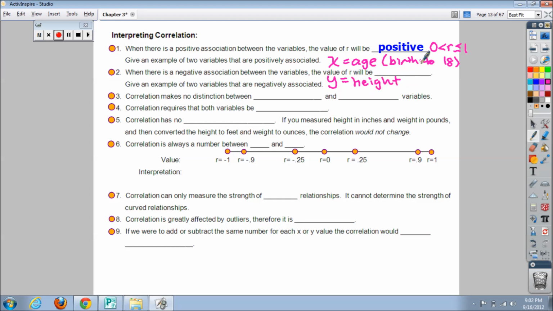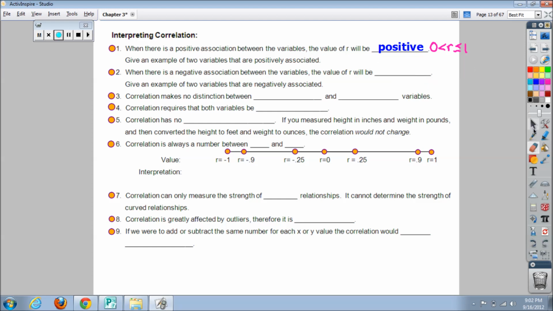Now as you get older and older till you reach the age of 18, your height should be increasing. It's not like you're Benjamin Button, and as you get older you're turning more into a baby. Benjamin Button would be a negative association. But that would be one example for a positive association.